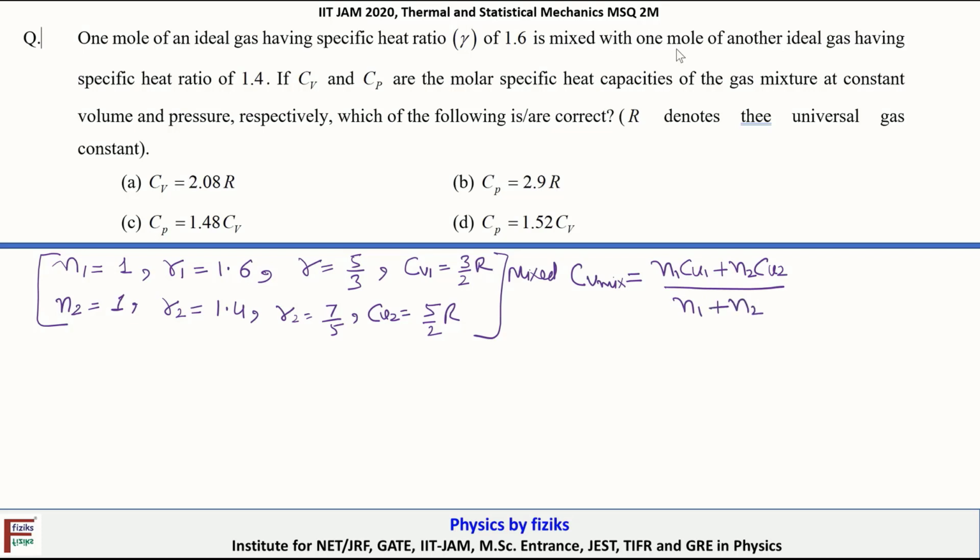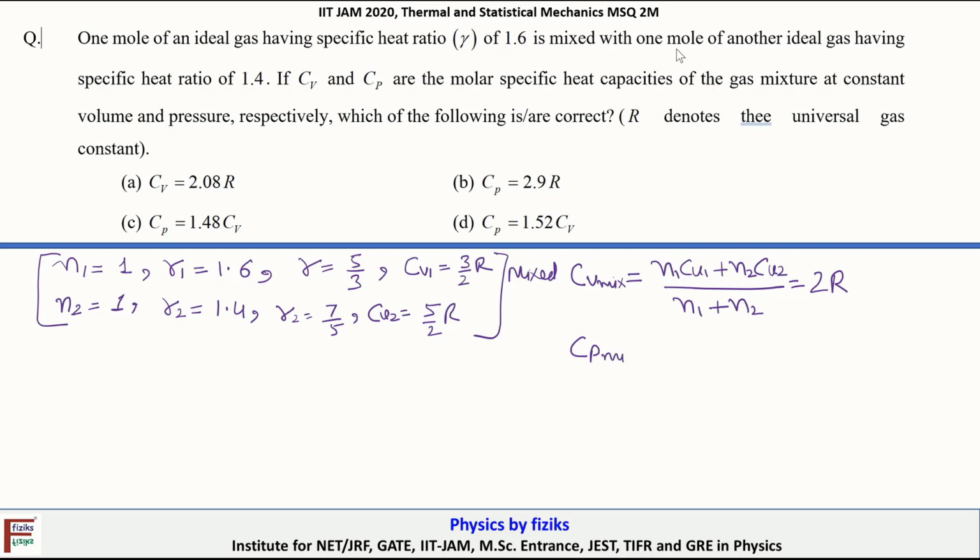Here simply substitute the value of N1 and N2, that is 1 here, and Cv1 and Cv2, the values that we have written here. If you do that, after substituting the values of these quantities, you will obtain this result to be equal to 2R.